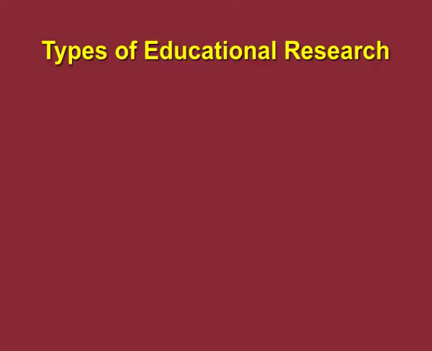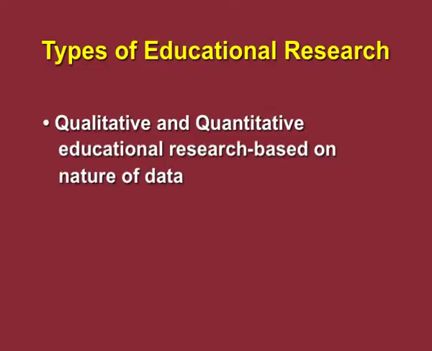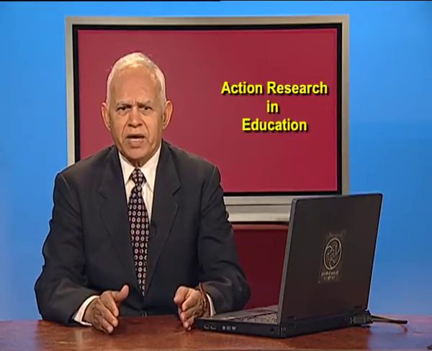The moment the base changes, the types of educational research will also change. So, one type is qualitative educational research or quantitative educational research, and the classification is based on nature of data or nature of information.